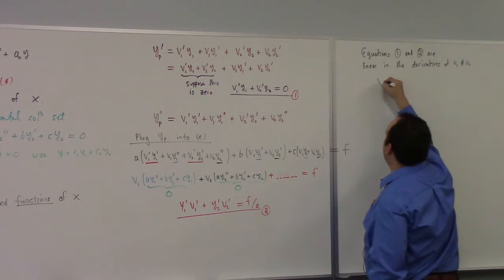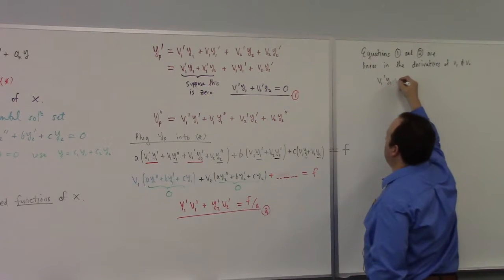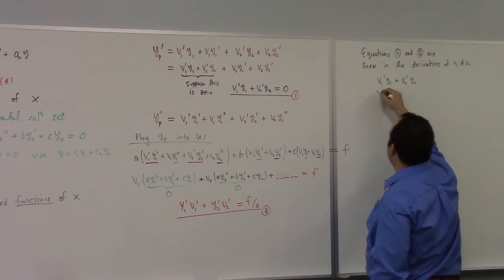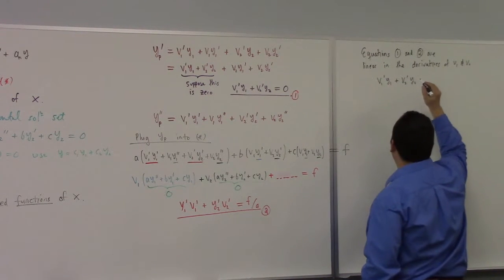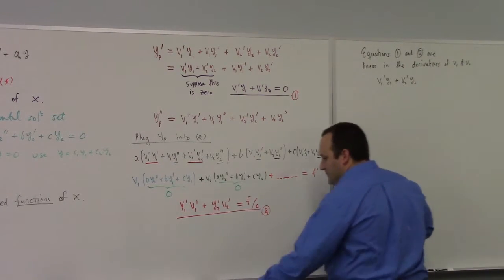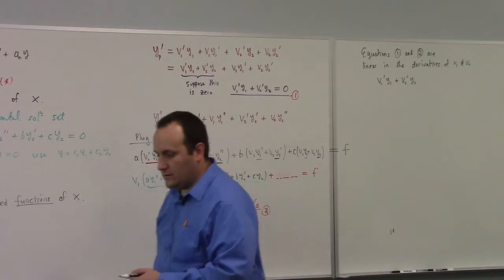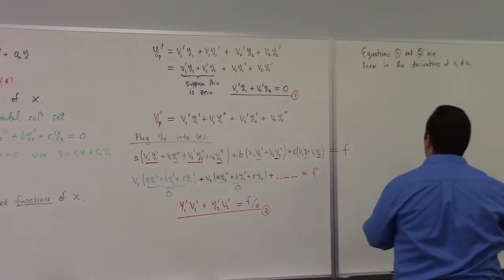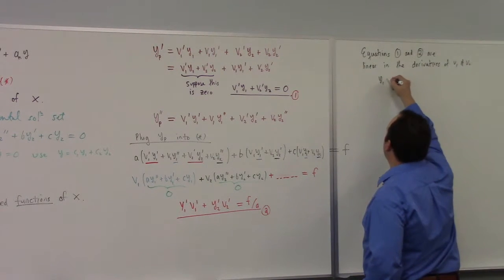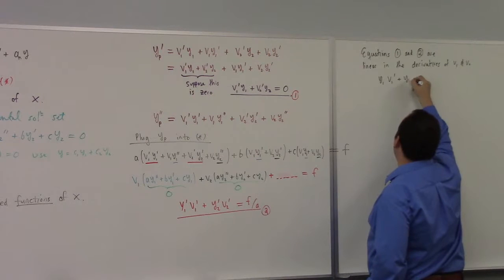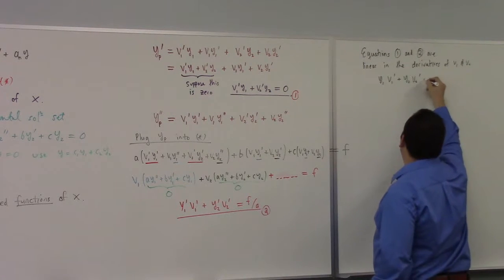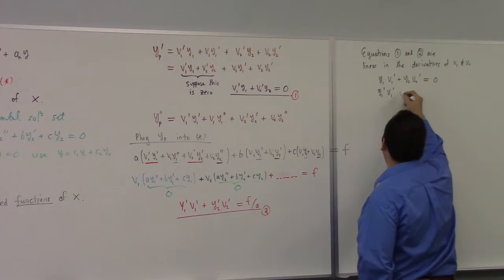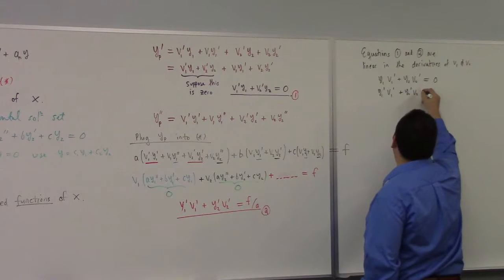So let me write them out here. y1 v1 prime plus y2 v2 prime equals 0. And down here we have y1 prime v1 prime plus y2 prime v2 prime equals f over a.